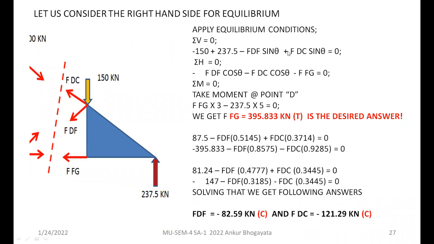However, you can check here when I share this with you, how to develop the equations, both sigma V and sigma H. And finally, when they didn't work, you just need to obtain the third component, sigma M equals 0. You can take moment about point D and it will give you the solution.